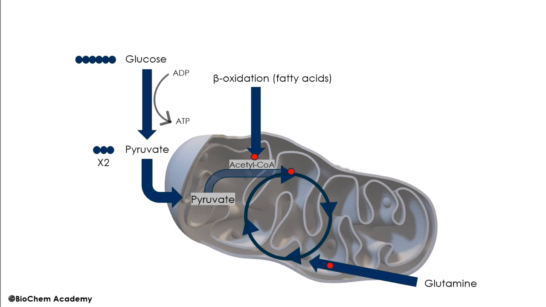This is where glutamine is converted into alpha ketoglutarate, which then becomes part of this cycle. So we have 1, 2, and 3 main feeders into the citric acid cycle, the tricarboxylic acid cycle. These are the 3 main feeding points into the citric acid cycle that we need to remember.